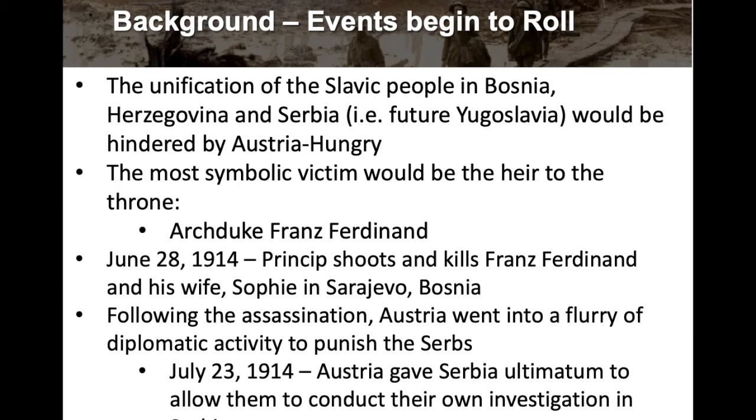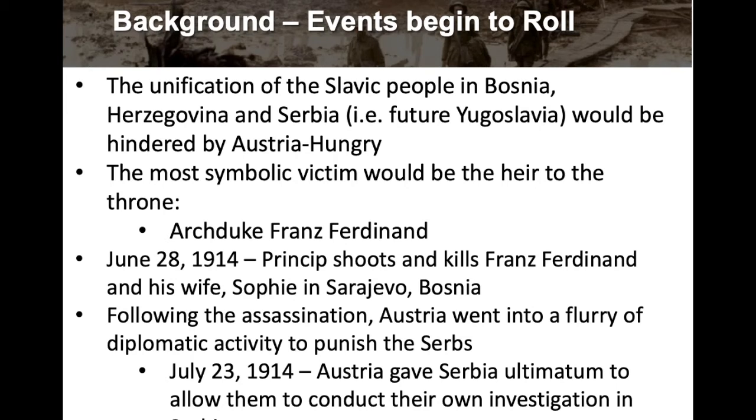We're going to continue on with the story here and explain what takes place for this spark to ignite. The unification of the Slavic people in Bosnia, Herzegovina, and Serbia. Okay, now that's going to become future Yugoslavia.